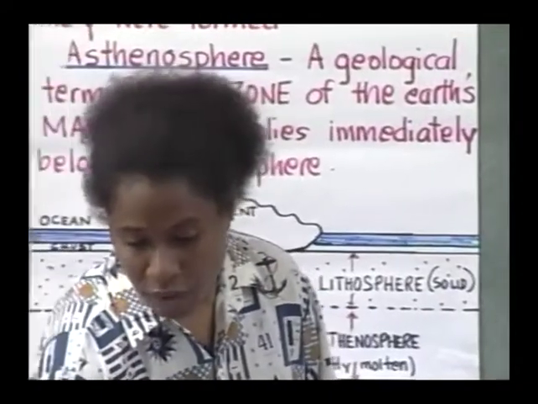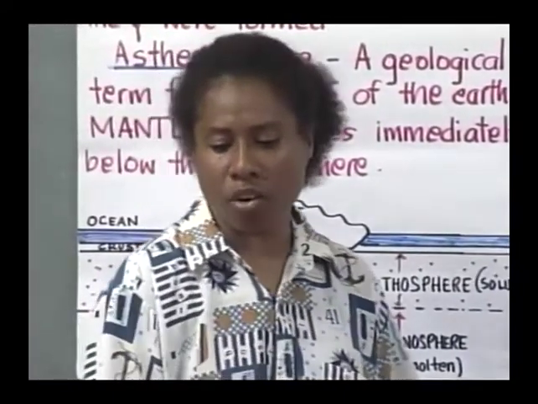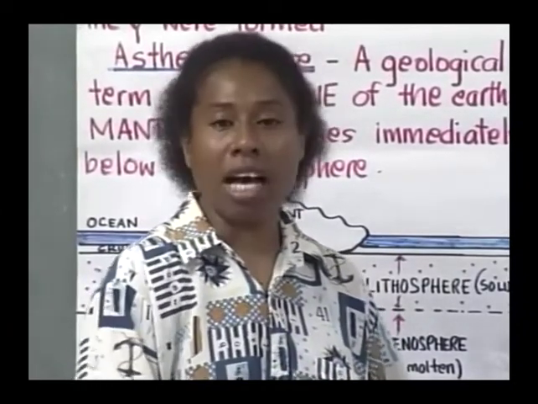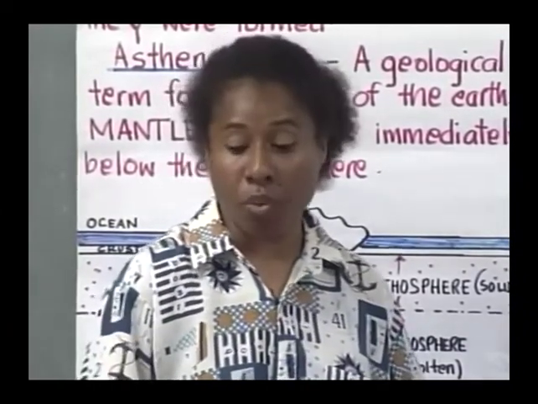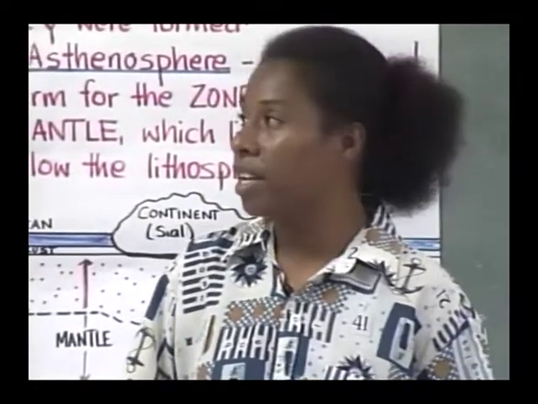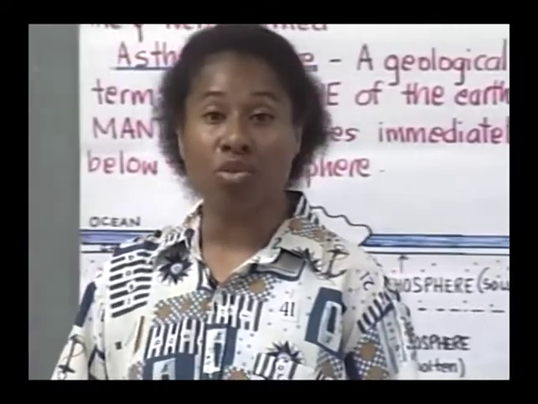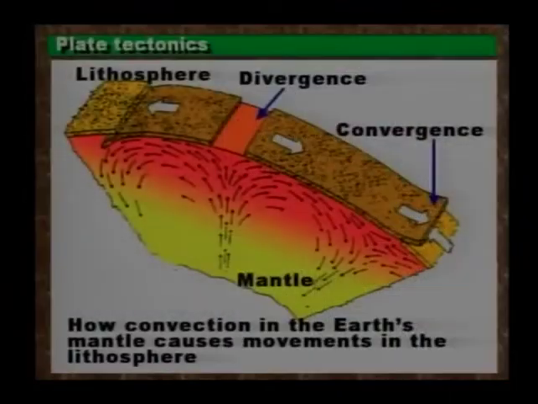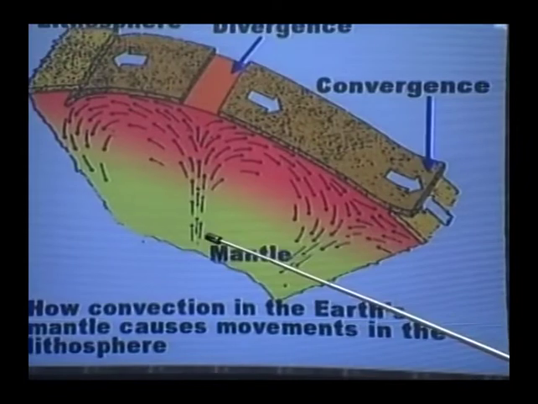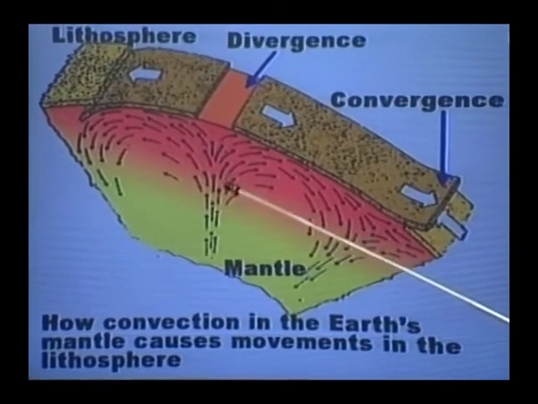Okay? So if we have to look at this particular idea on convection currents, this is how the convection currents actually operate within the mantle to contribute to movement on the surface or on the crust. You can make reference to your book, page 5, or you can look at the information presented on the monitor. You see, from the core of the Earth, the fact that heat rises will contribute to materials which are mainly molten moving with it up towards the surface.